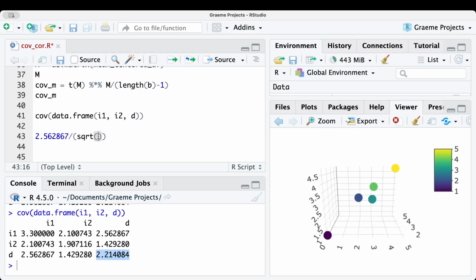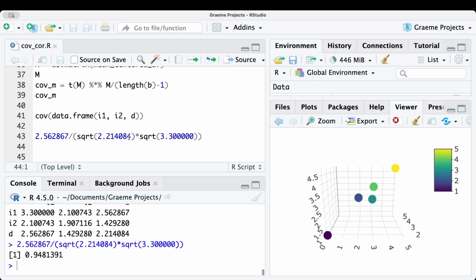For D, that'll be 2.21, and for I1 it will be the square root of 3.3. We hit enter and get a Pearson's product moment correlation of 0.948.